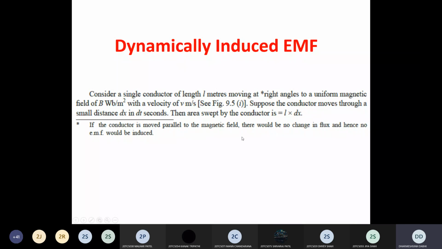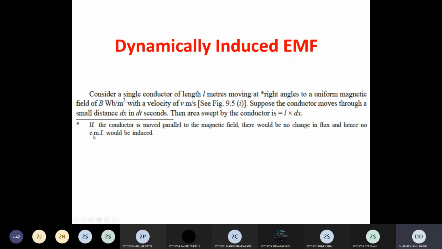Clear? Here remember that the conductor is placed at right angle to the uniform magnetic field. If the conductor is parallel to the magnetic field, then there is no possibility of generating induced EMF, or we can say there is no change of flux or rate of change of flux.